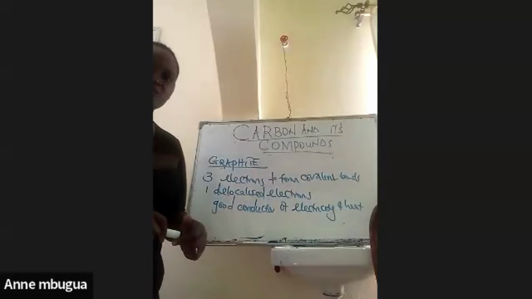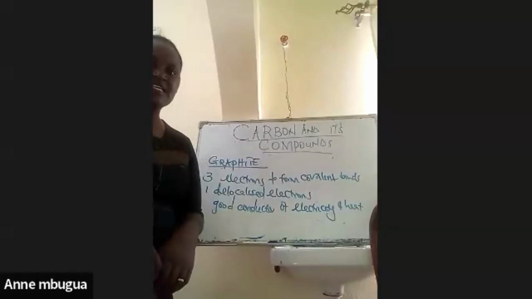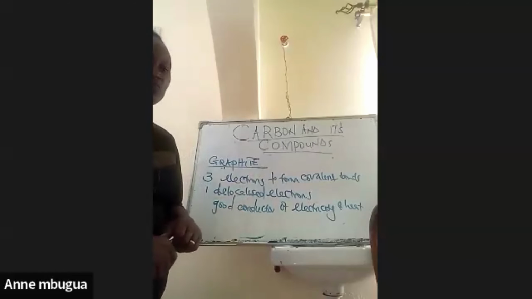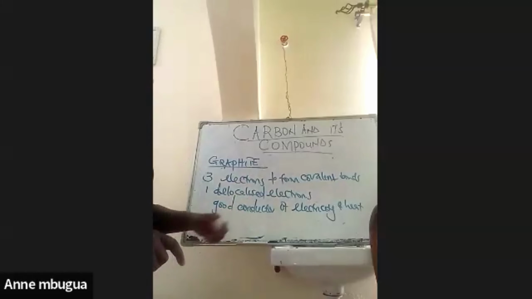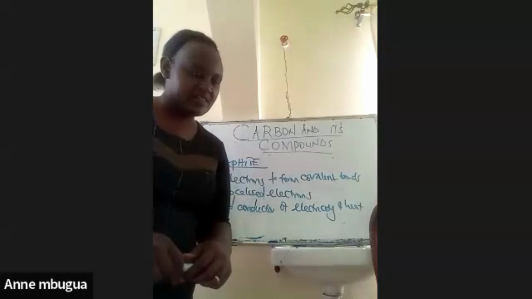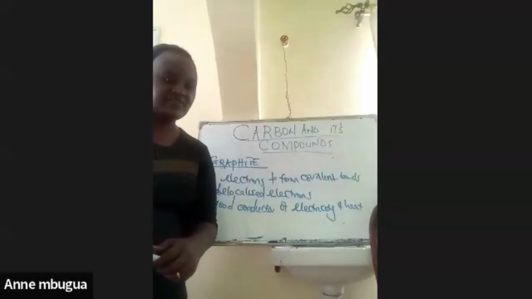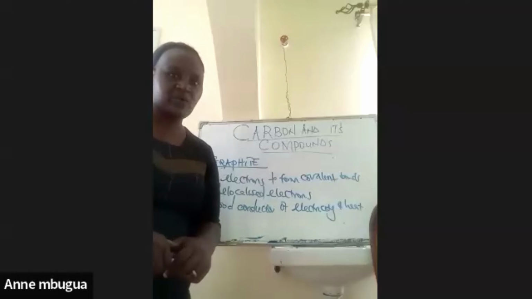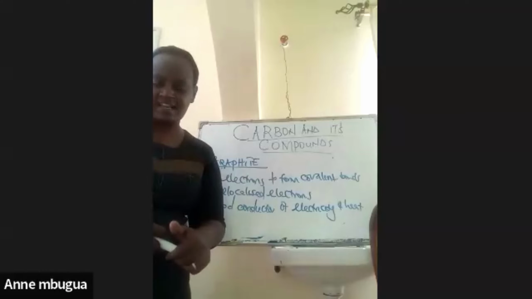That is the correct response: out of the 4 valency electrons, only 3 are used to form the covalent bonds, and this leaves it with 1 delocalized electron, and this one delocalized electron is the one that is responsible for the conductivity of heat and electricity.